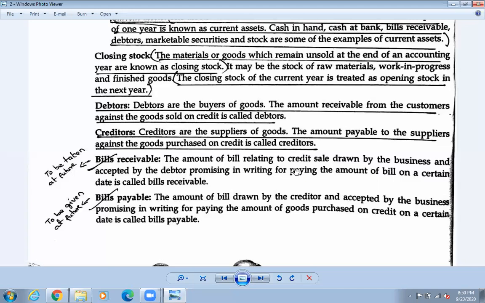I've given some goods to Birke Bahadur. यो बिर्खे बहादुरले मलाई के गर्नु पर्यो? मलाई पैसा दिनु पर्यो. तर अहिले दिएको छैन. So he will give me in the future. भोलि पर्सि कहिले हुन्छ? So he needs to give me in the future. So that is bills receivable. I need to get it, but I have not got it.